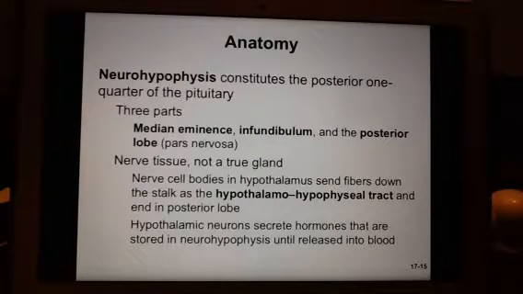The posterior pituitary has 1/4 of the pituitary. It is really nerve tissue, not a true gland. So the nerve cell bodies in the hypothalamus send fibers down the stalk, and then those fibers end in the posterior lobe of the pituitary gland. And so those neurons secrete hormones that are stored in the posterior pituitary until they are released in the blood.